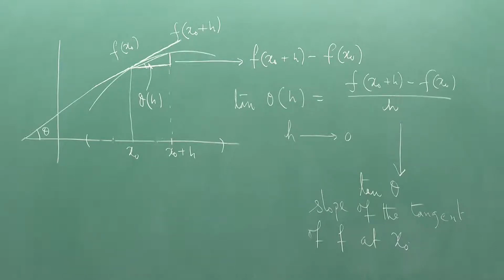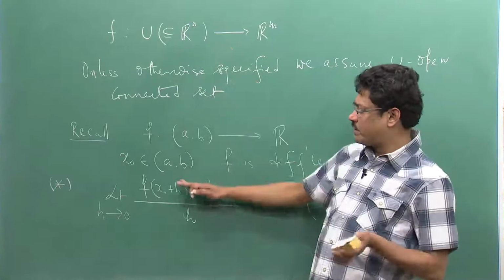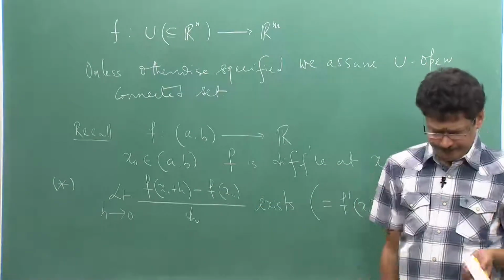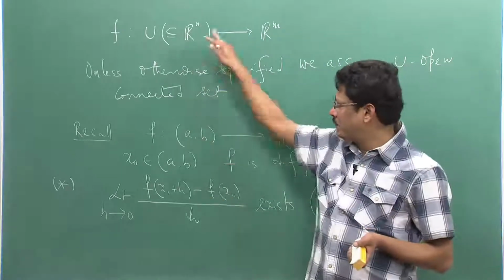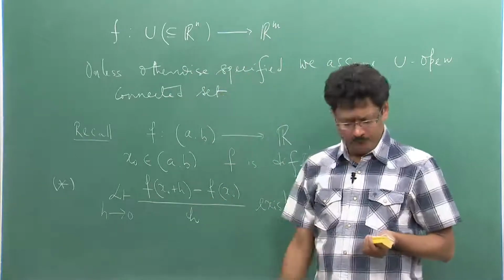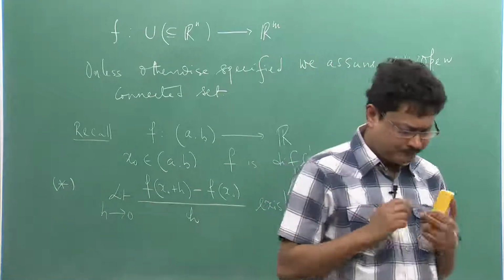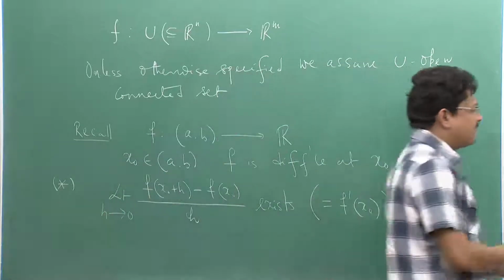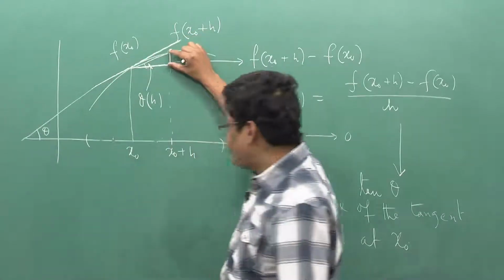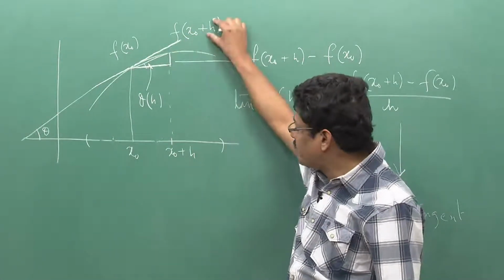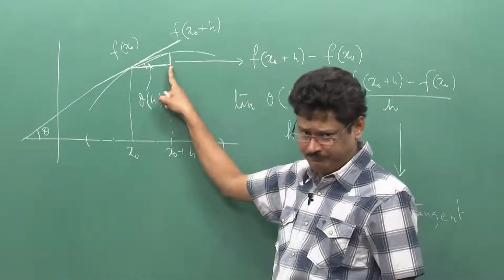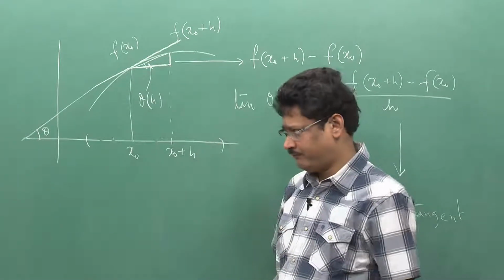Now, if I try to just generalize this notion directly to function of several variable, how should I think? Well, look at this ratio, it actually measures the difference between the value of f of x naught plus h and f of x naught divided by the length of the interval, correct.